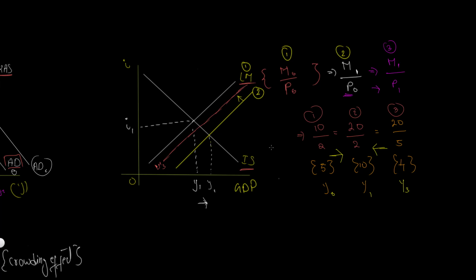The aggregate output, or the income in the economy, would increase, but not to the theoretical level. It should theoretically go from Y1 to Y2, but because of the increase in prices we are going to see a leftward shift of the LM curve eventually, and therefore it will go from Y1 to Y3 instead of going to Y2.